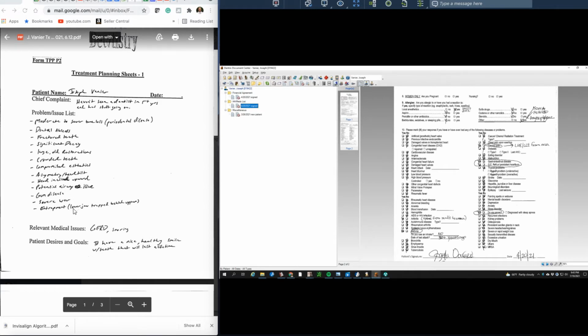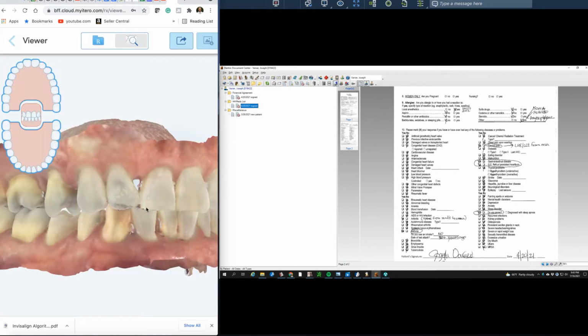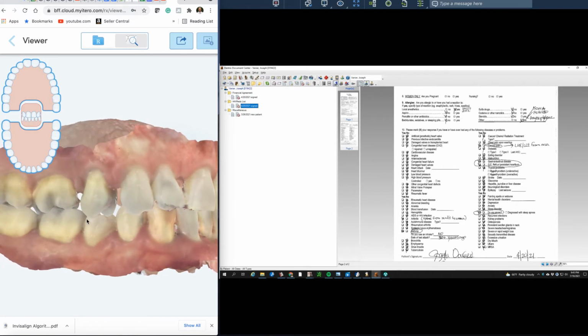Gum disease, severe wear, entrapment. The lower jaw trapped behind the upper. Let's take a look at his iTero scan.